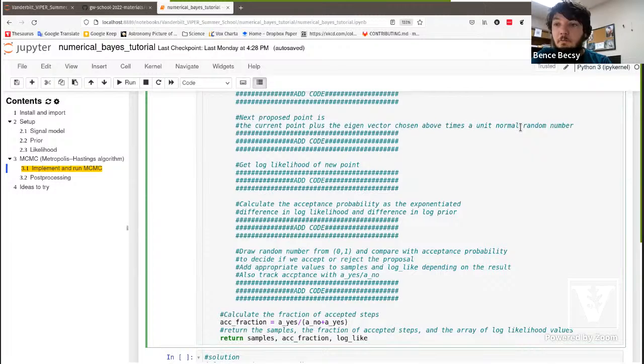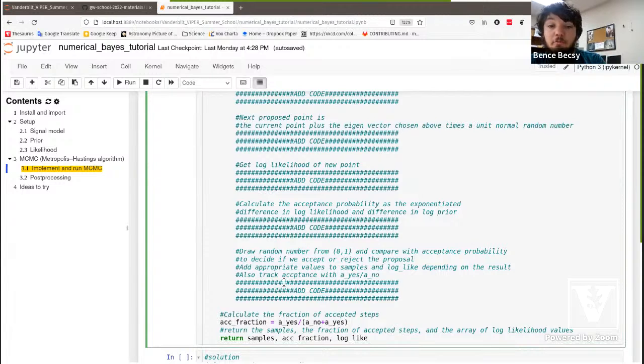I think this was one of Tyson's simple examples when everything just cancels out and it's a very simple acceptance probability. What we will need to do is it will just be the ratio of the likelihoods and the priors, but since we are working in logs, it will be just the difference in log likelihood and difference in log prior, and then we will exponentiate that to get the actual probability value.